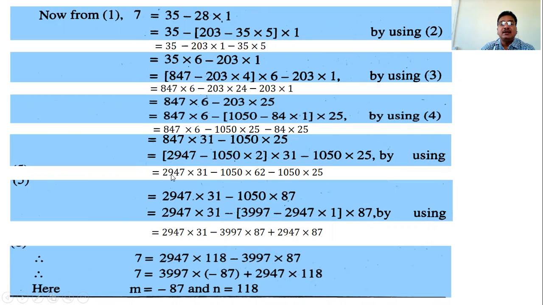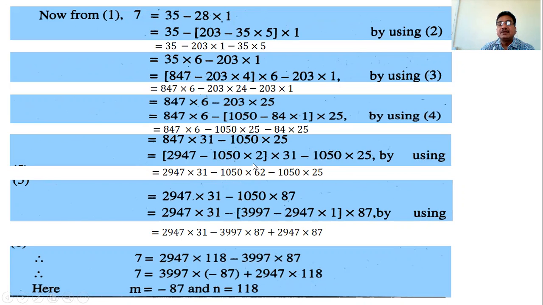And then we have 2947 into 31 minus 1050 into 2 into 31 becomes into 62, minus 1050 into 25. Then this 2947 into 31 as it is, minus, take this minus and 1050 as common.